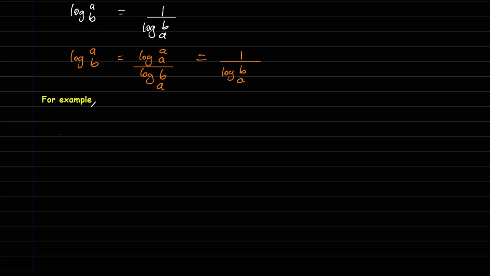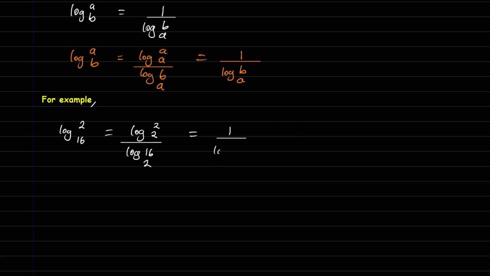For example, if we have log of 2 base 16. In accordance with the third special case, we should introduce a new base and it should be a base of 2. So we will have log of 2 base 2 divided by log of 16 base 2. And from identity rule, log of 2 base 2 equals 1 divided by 16 is the same as 2 to power 4.